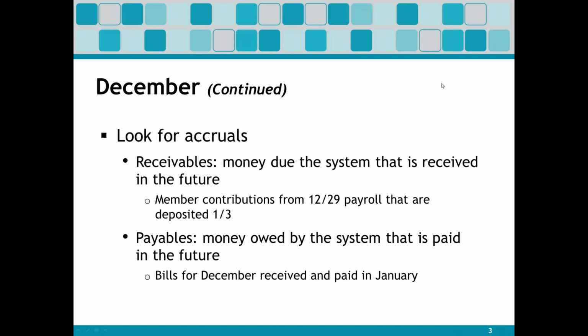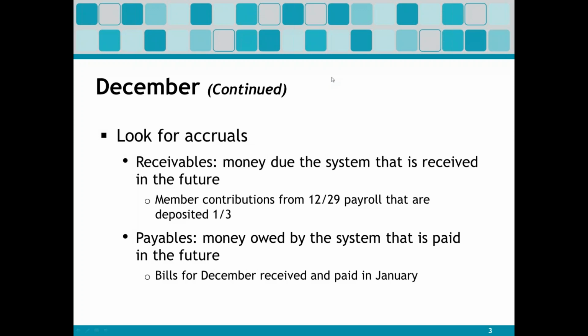Now, after you've done your cash entries and those journal entries, although our accounting system is 99% cash-based, at the end of December, we do set up some accruals. So we're going to look to see if you have any accounts receivable, which is money that you're due by the end of the year, but you haven't received or deposited.